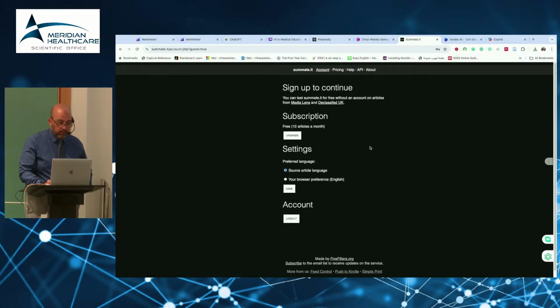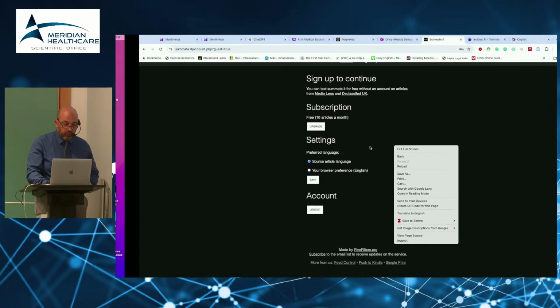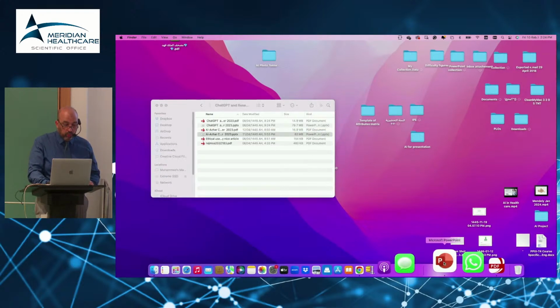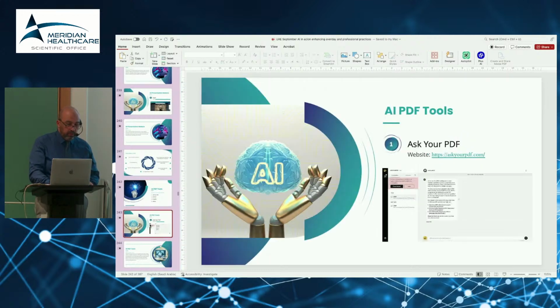So any site, okay. This is the idea of it for the time, because I think we have maybe 10 minutes for the break. So Submit It can be used also to summarize. Chat PDF and Ask PDF are the same application.